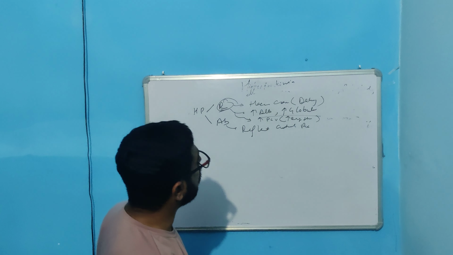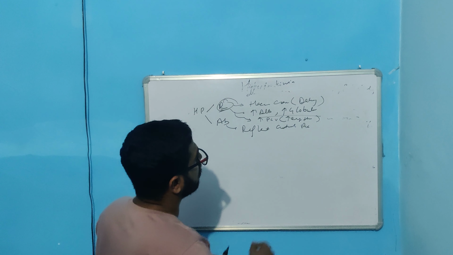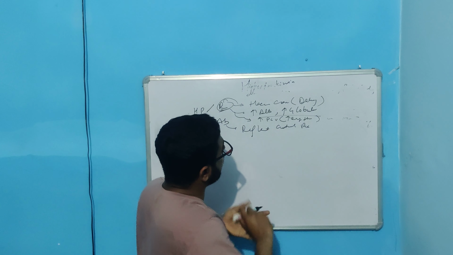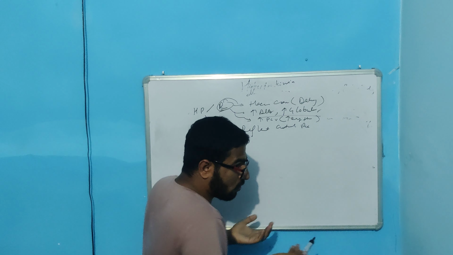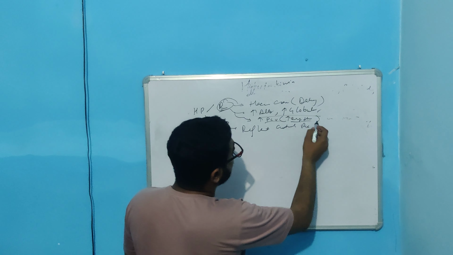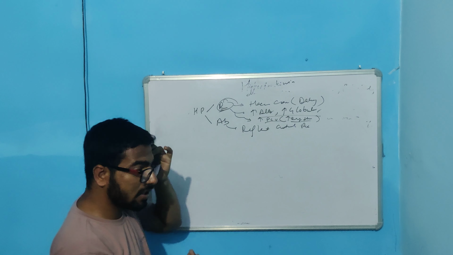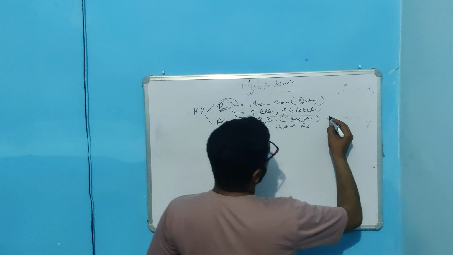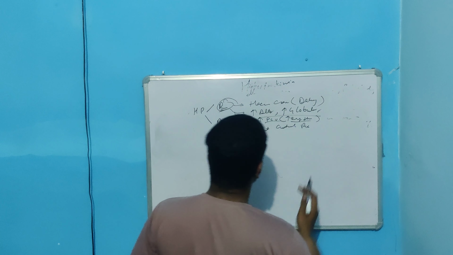All the parameters get increased because they got concentrated: albumin, globulin, PCV and RBCs, because there is a loss of fluid from the body, right?